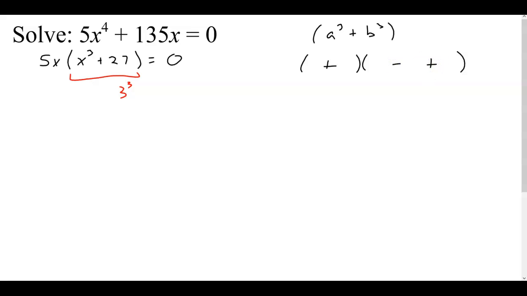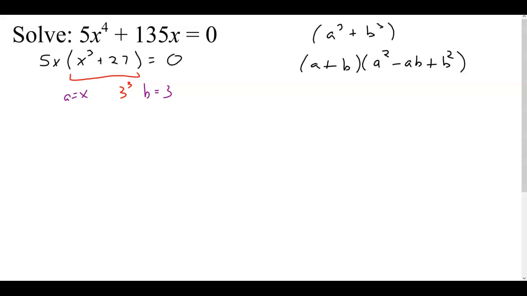The first binomial went a plus b times the a value squared, and then a times b plus b squared. So if we use that formula over here, our a value is x. That's what's being cubed. And then our b value is 3. That is what's being cubed.